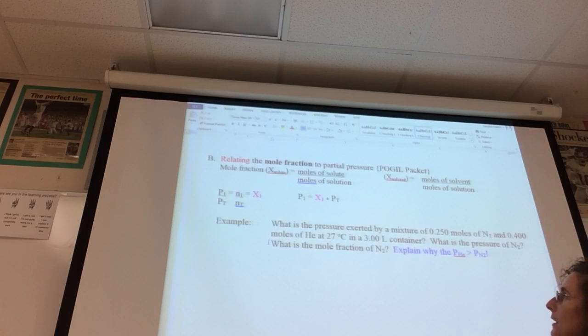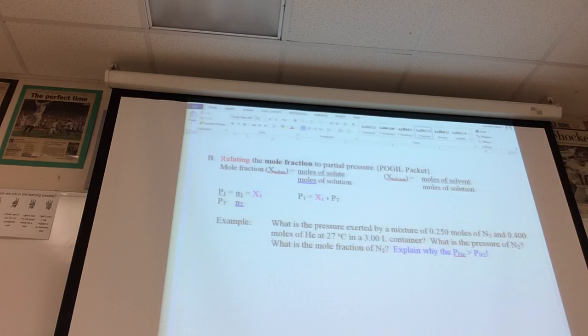So what you're looking at here with mole fraction is, if you're talking about moles of solute, it would be the moles of solute over the moles of solution. Now, moles of solution is the solute plus the solvent together. So if you were given mass of both, you would convert to moles and add the two together.